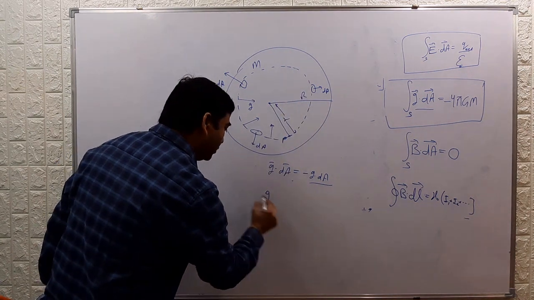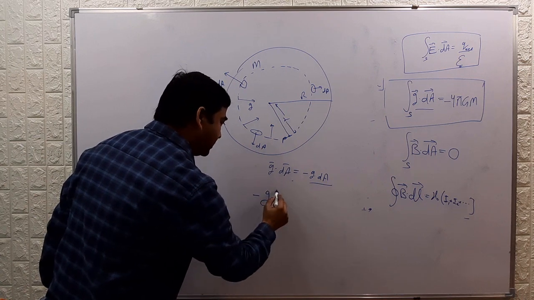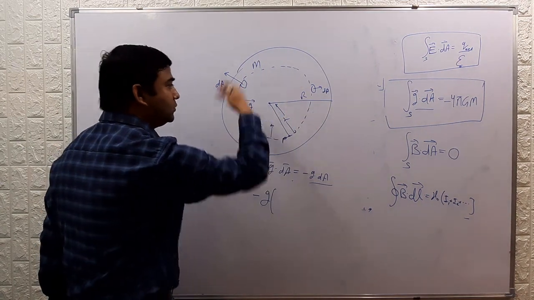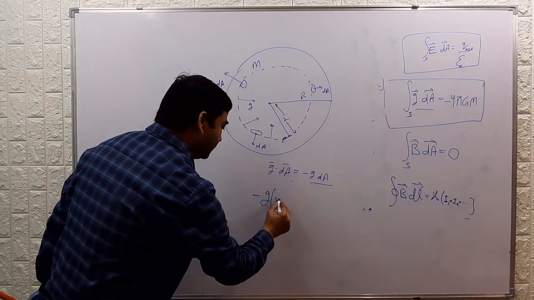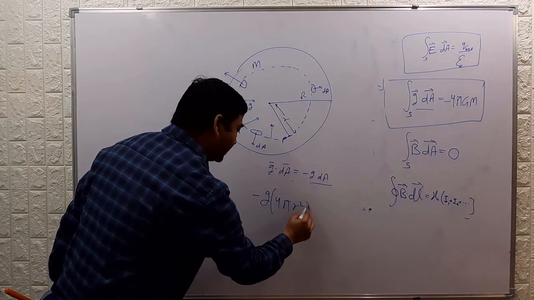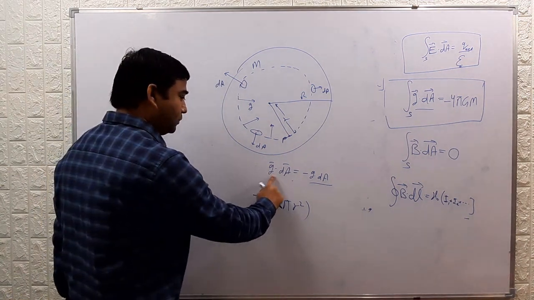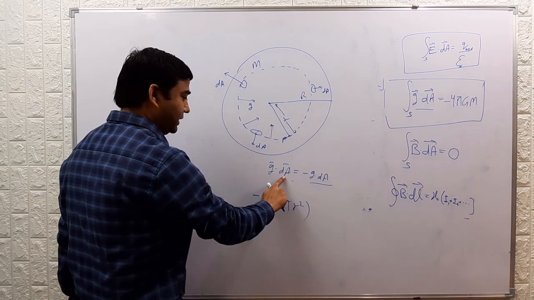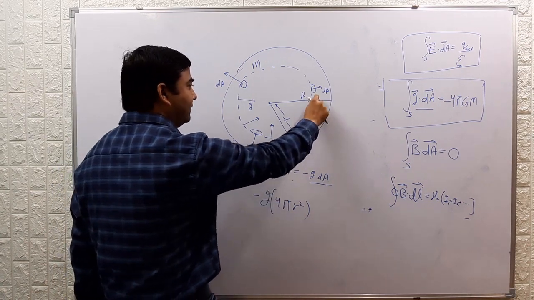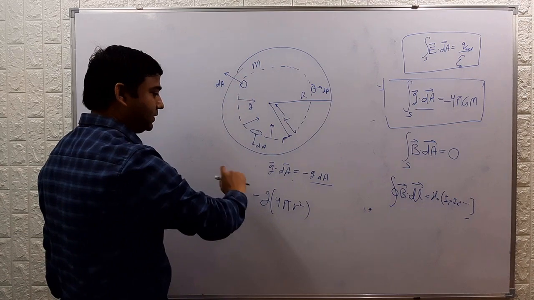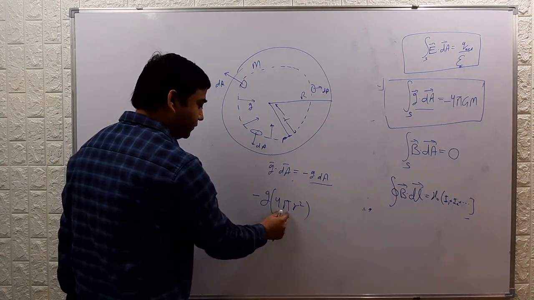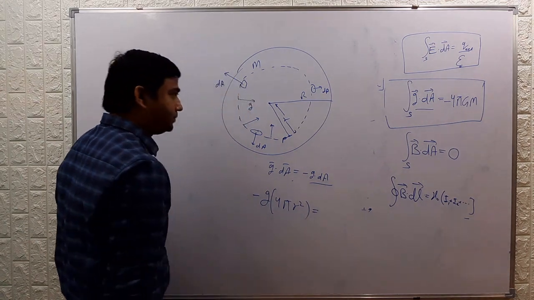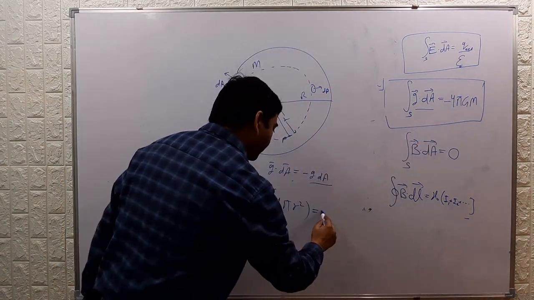So taking minus G, and adding dA over the whole sphere, that is 4 pi r square. So the dot product on this Gaussian surface, G dot dA, is carried out for every small element on the Gaussian surface. It will give minus G 4 pi r square.